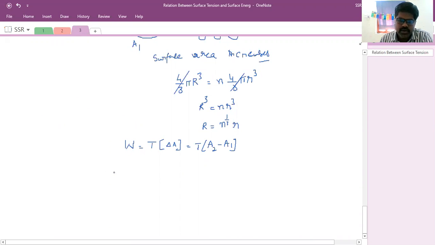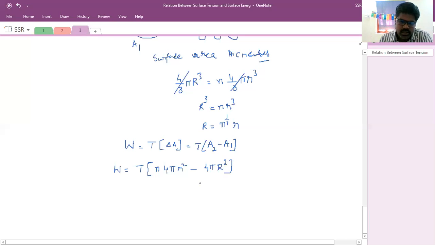What is A2? The final surface area is n times the surface area of each drop, 4 pi small r square, minus the initial surface area, 4 pi capital R square.